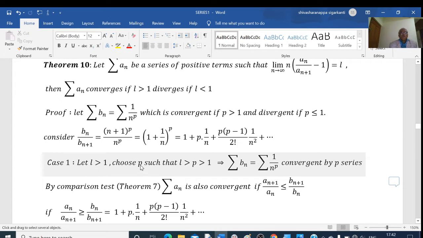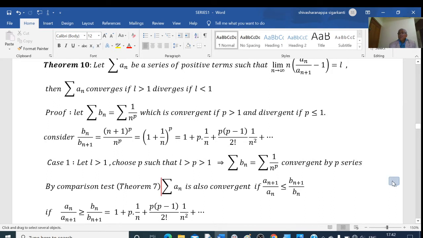Now we choose p such that p lies between L and 1, that is L is greater than p greater than 1. If p is greater than 1, then this p series, 1 by n to the power of p, is convergent. That is sigma b_n is convergent by the p series because we have p is greater than 1.